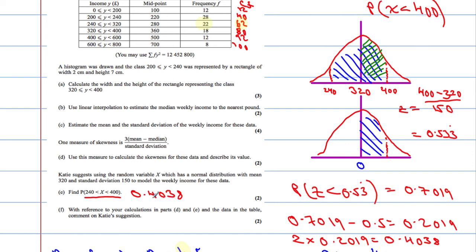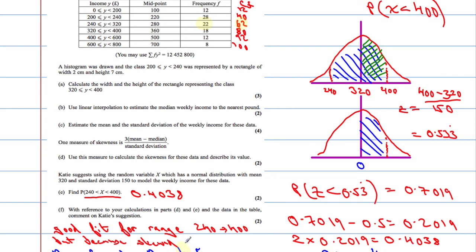Well, this is not a particularly bad value for this range, so it's a good fit for the range 240 to 400, so for that range, but because it's skewed, we can't say it's a good fit overall.